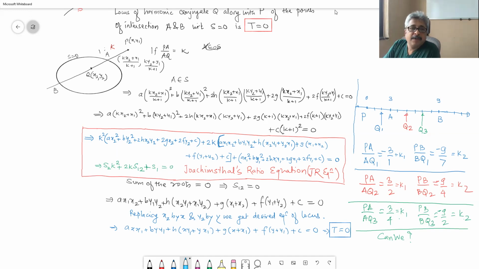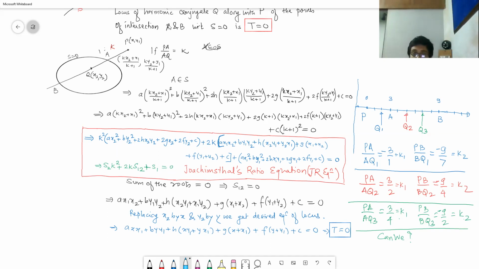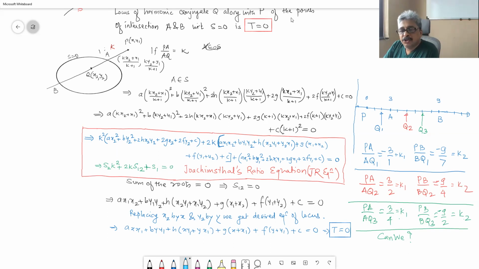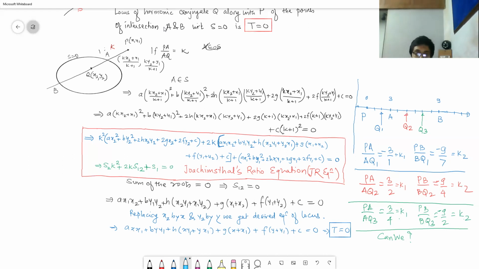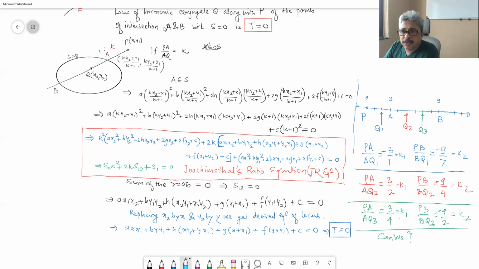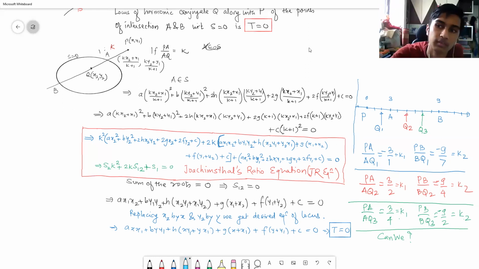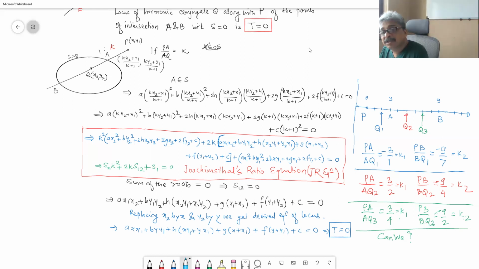I pause. You can actually construct it, if P, A and B are there, geometrically. But at present I want the algebraic value of Q because I have got a number line there. Can we do it? 4.5, he says.